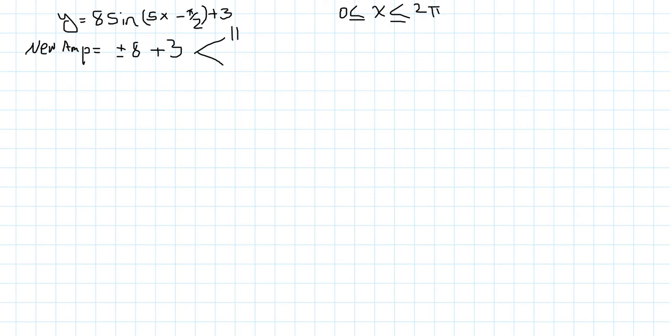One time minus 8 plus 3 will be minus 5. I know the period is 2 pi over 5. I know the shift on x-axis, or phase shift, is x equals pi over 10, and this is my start point. I know my end point will be 2 pi over 5 plus pi over 10, which is pi over 2. It is the end point.